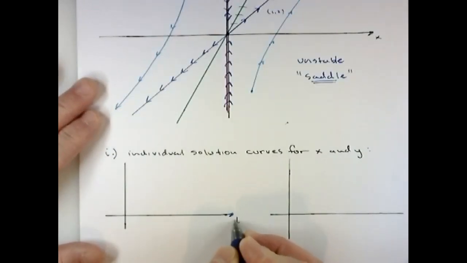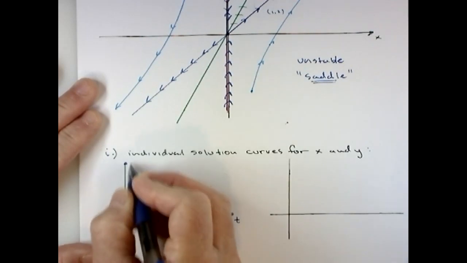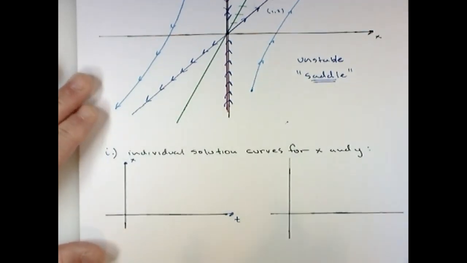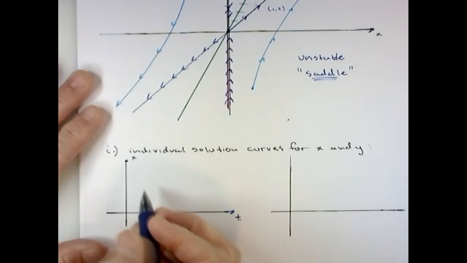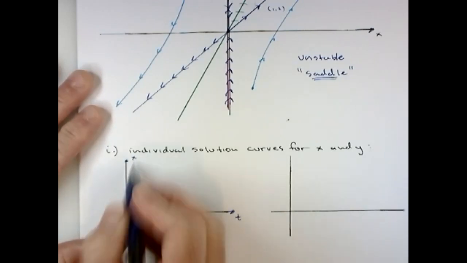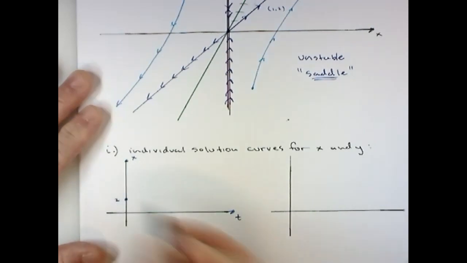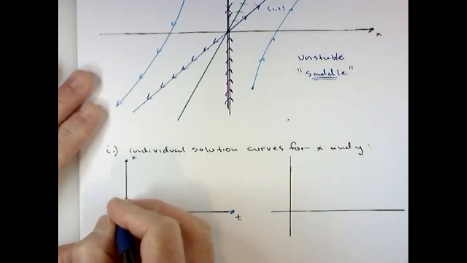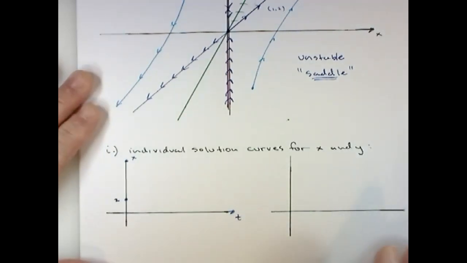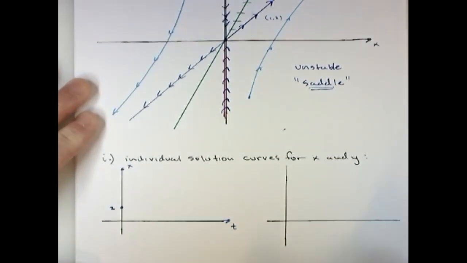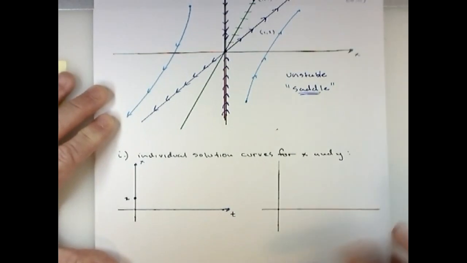Let's say I want to know how X is changing over time. So this will be my population of X. Remember, my initial population of X was 2, right? When T was 0, I started at 2. I need to zoom this out, I think, to see everything here.